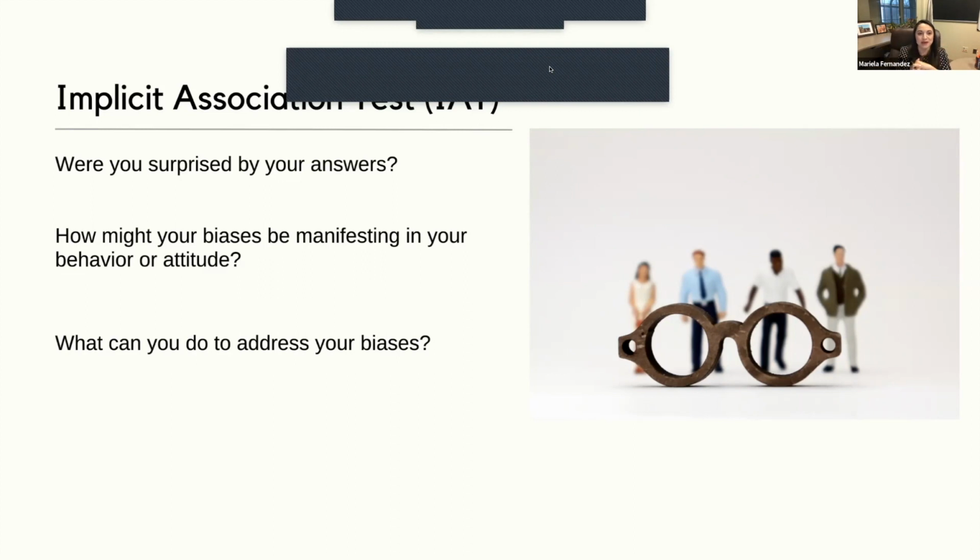And therefore the test spits out whether you have a slight preference, a moderate preference, or a strong preference. I do have a feeling that some people right away, depending on their answer, will ask, well, does this mean I'm a racist? That is not the point of the test. The point is not to determine whether you are or are not.